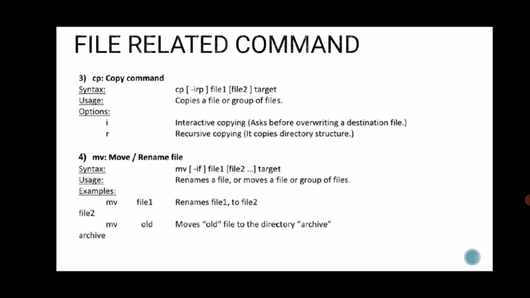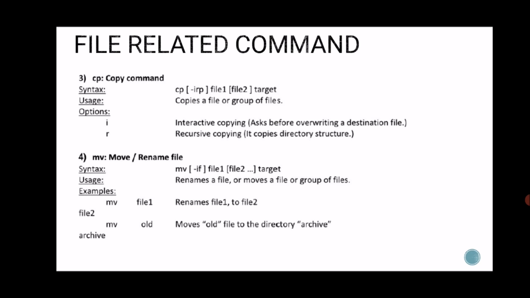The next one is the copy command. The use of the copy command is simply to copy a file or group of files. The syntax for the copy command is cp, then -i or -r, file1, file2, target. File1 is the file from which we are copying into file2.